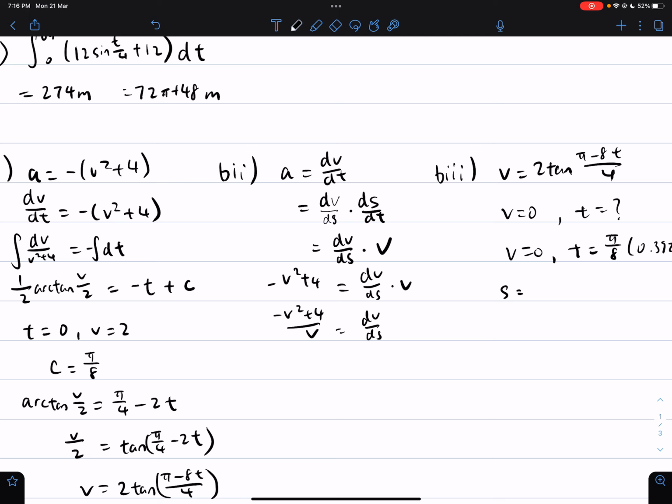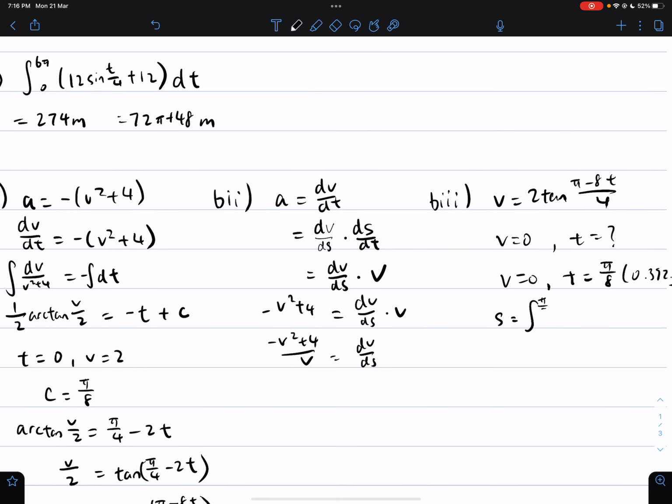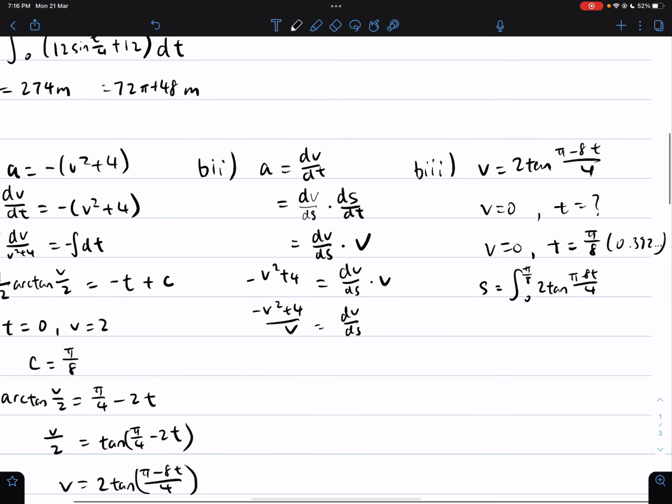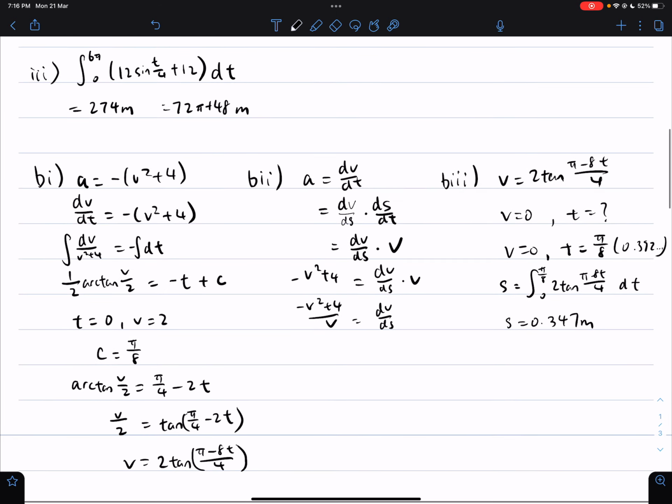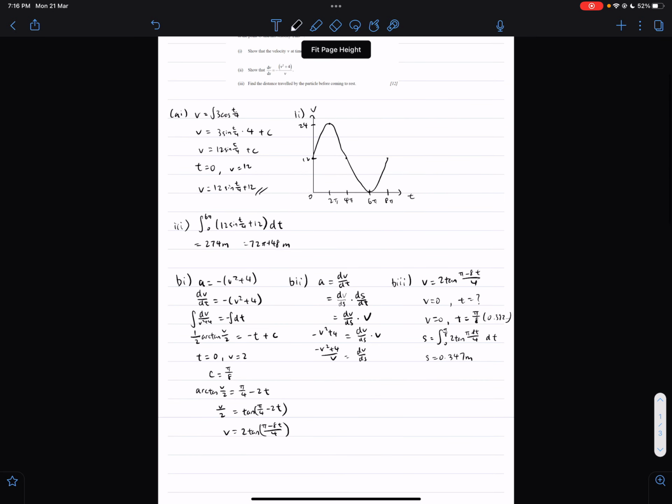Because t is pi over 8, we set the upper bound as pi over 8 and the lower bound as 0, and write down the integral of 2 tan of (pi minus 8t) over 4 dt. Then by GDC, we get s equals 0.347 meters.